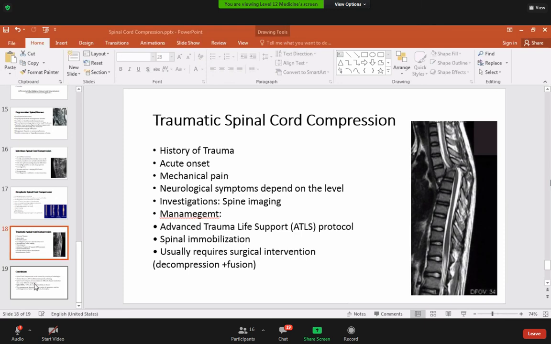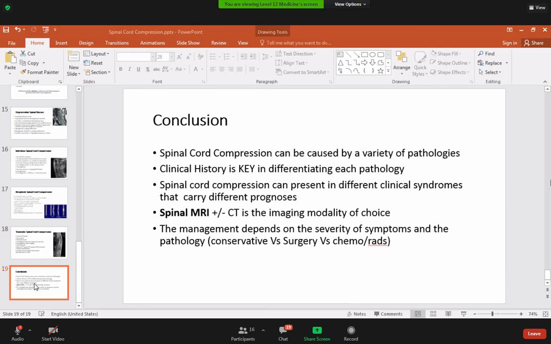So this is all about spinal cord compression. It is caused by a variety of pathologies, and clinical history is the key to differentiate each of these pathologies. It can present as different clinical syndromes, and these syndromes carry different prognosis. Spinal MRI is the best imaging modality of choice, and sometimes we also go for a CT scan.